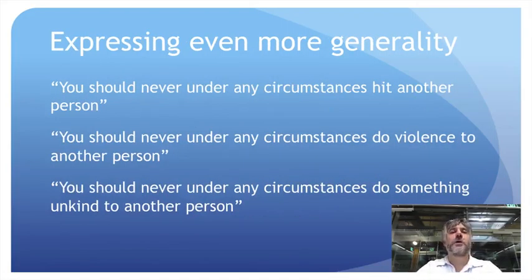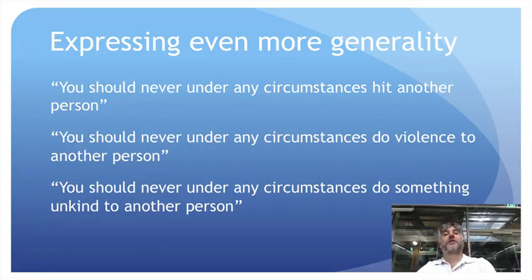Now notice, generality comes in degrees, and rules can be more or less general. So I could say, "You should never under any circumstances hit another person." Well, that's a general rule. But I could state a rule that's even more general than that. I could say, "You should never under any circumstances do violence to another person." Now that's more general, because I'm not just prohibiting hitting, I'm prohibiting any kind of violence, whether it's hitting, kicking, biting, smacking, slapping.